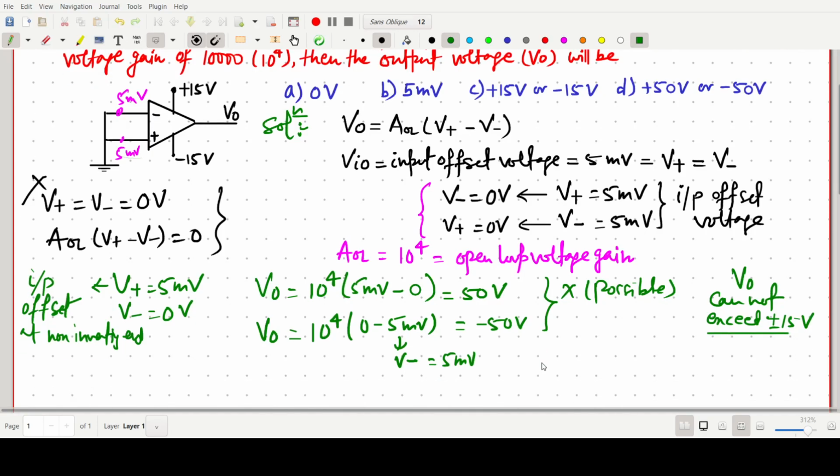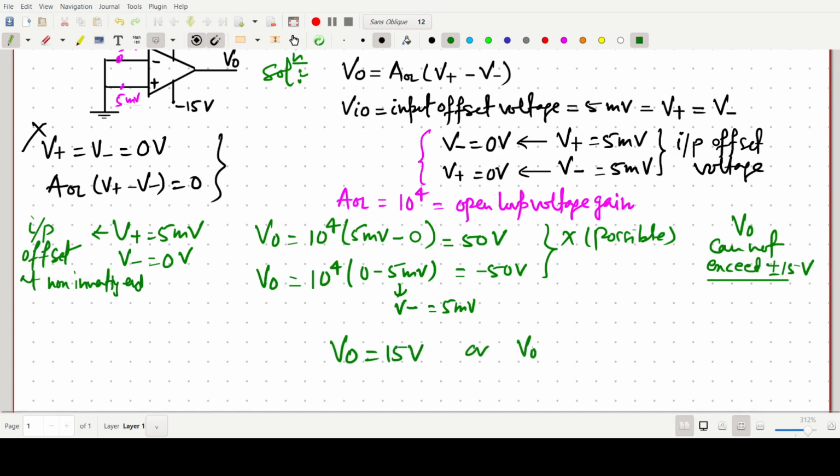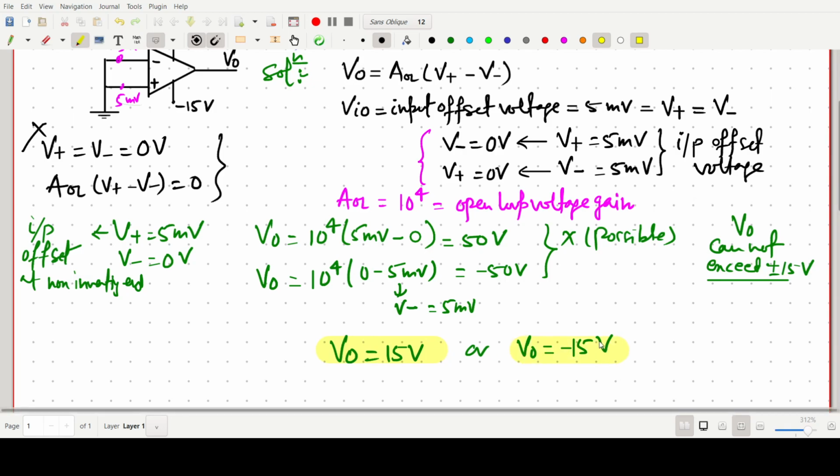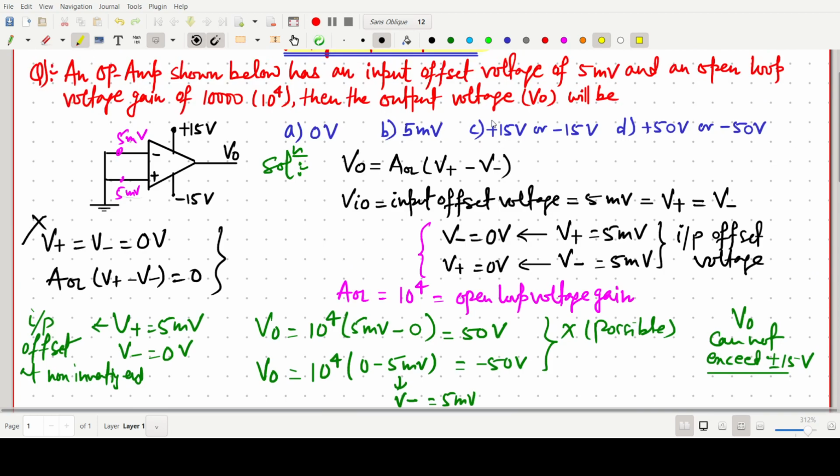So the output value will be either 15 volt or minus 15 volt. This will be the correct answer for this question. Means V naught will be either plus 15 or minus 15. If we solve it, it comes to 50 volt or minus 50 volt, but it is not possible because the supply voltage is in the range of plus or minus 15 volt.